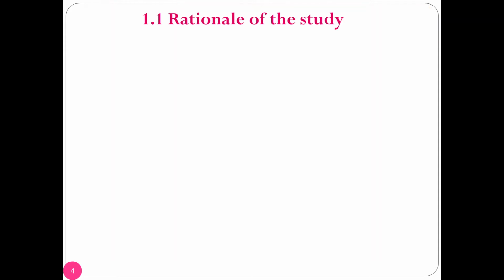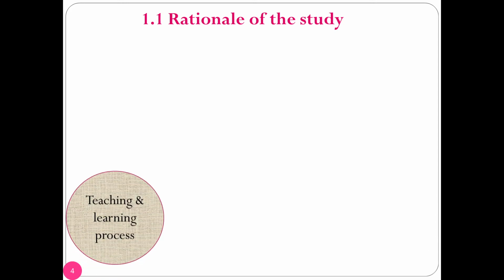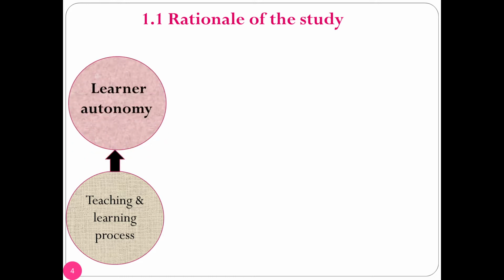Rationale of the study. There are many factors affecting teaching and learning process. Learner autonomy is viewed as a key to effective learning and teaching process.